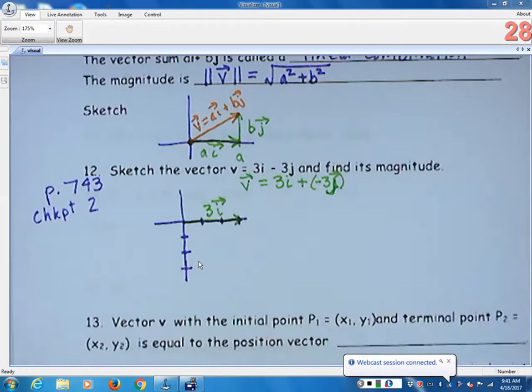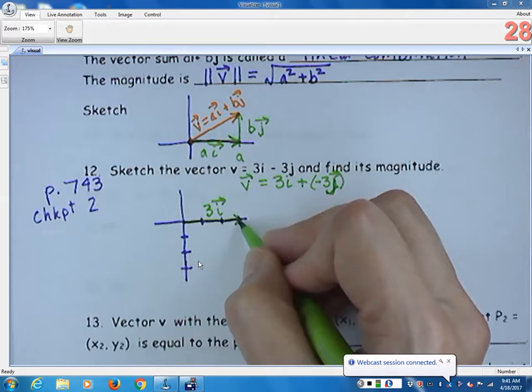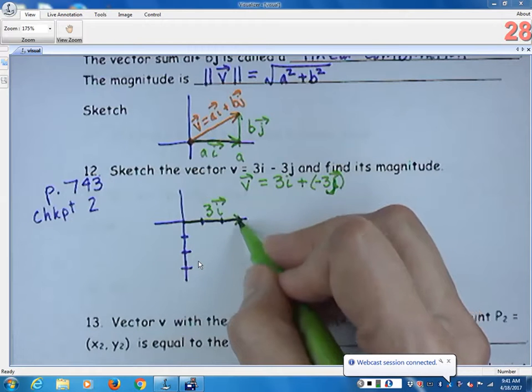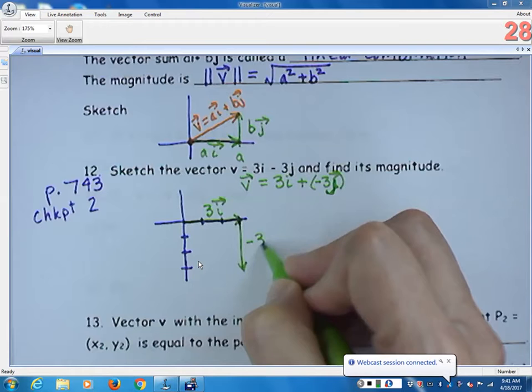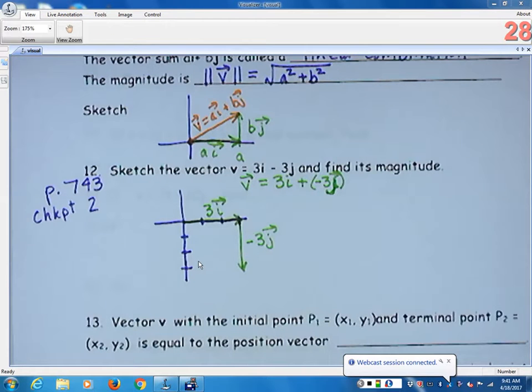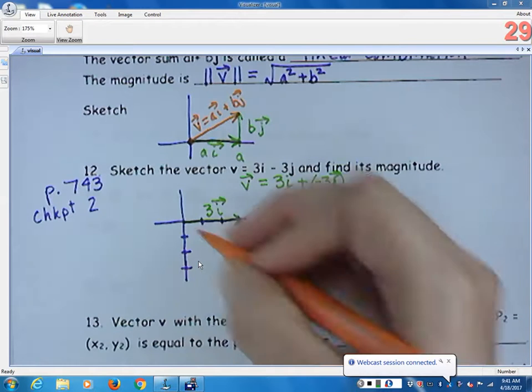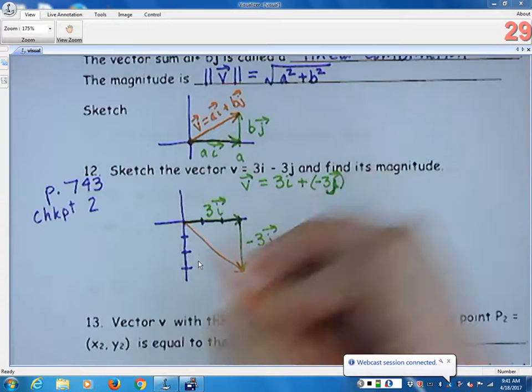So I'm going to draw negative 3j instead of positive 3j. This is negative 3j. And then we're going to add those. And this is the vector v.